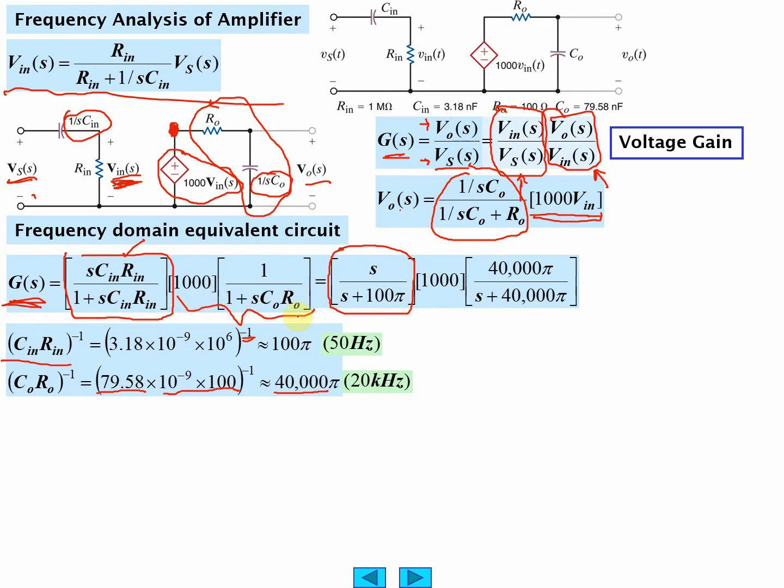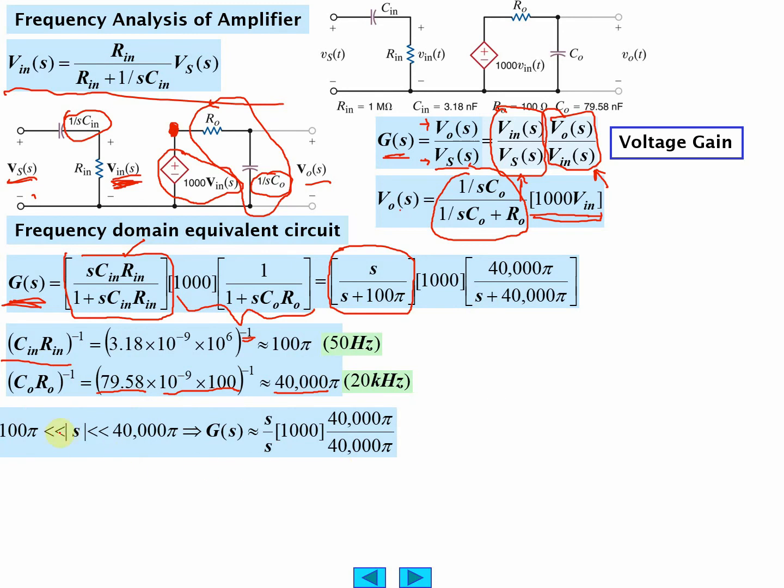Same thing on this side. Same idea. Okay. So we have the range of S between these two extreme values. When S is between these two extreme values, we can simplify the equations.